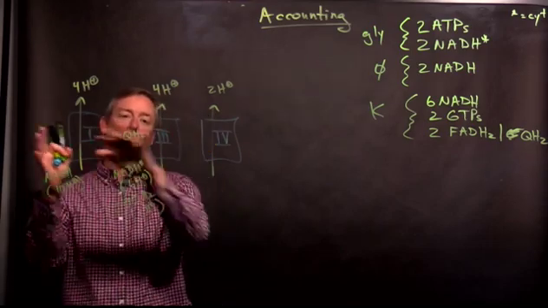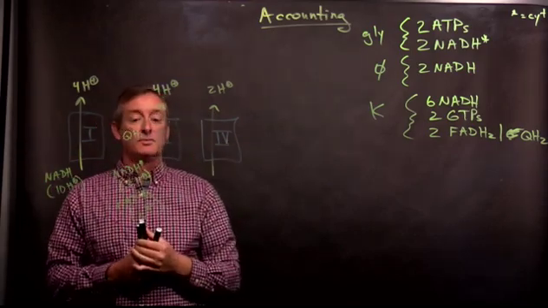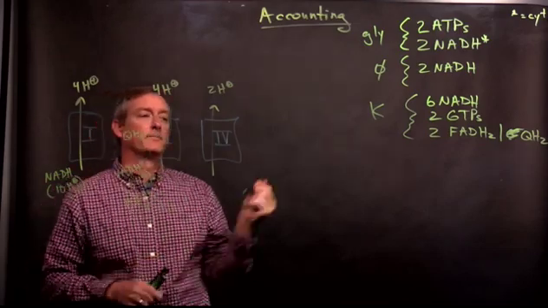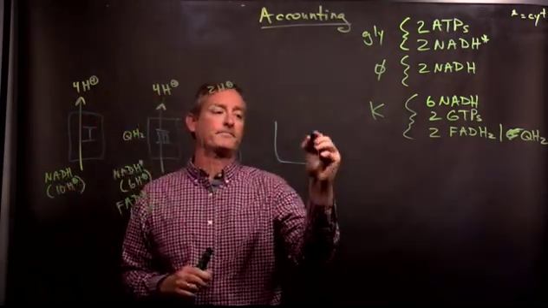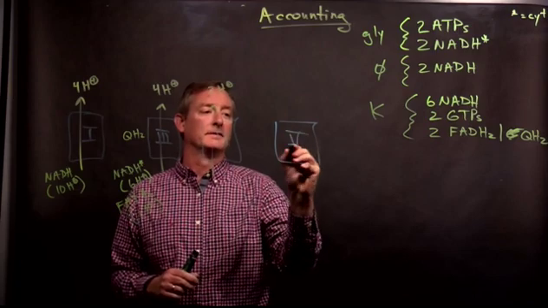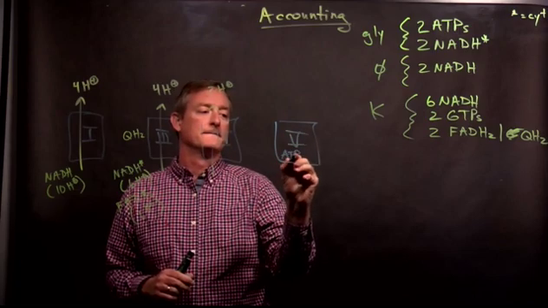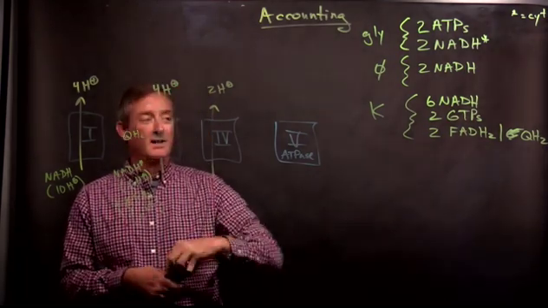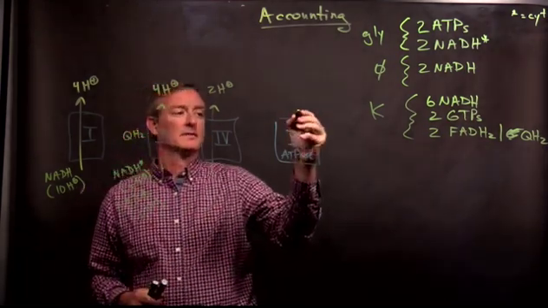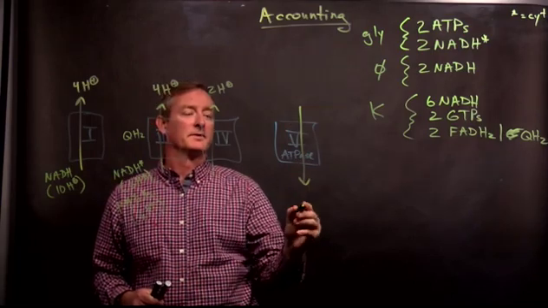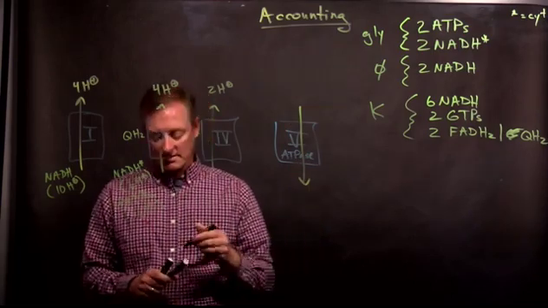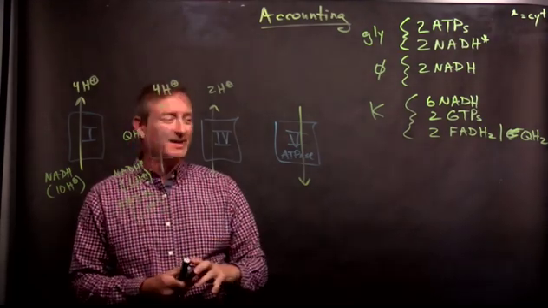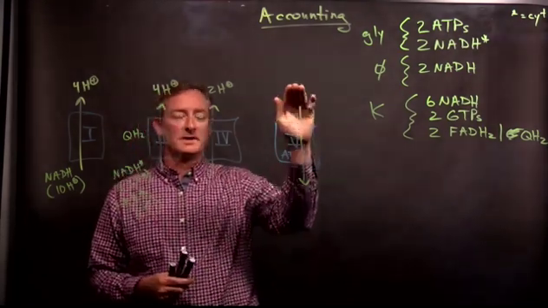Okay, now pumping the protons across doesn't directly make ATPs, but it's this proton gradient which drives our ATPase at complex 5, which you can think of as a proton pump also, pumping those protons back across the inner membrane from the intermembrane space.